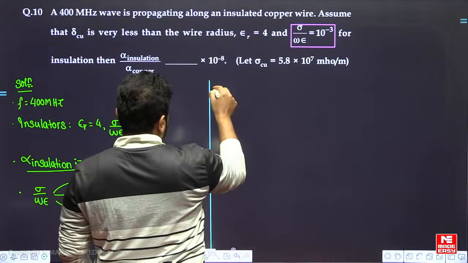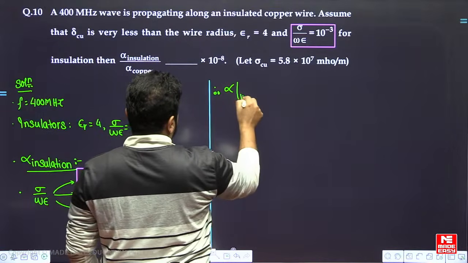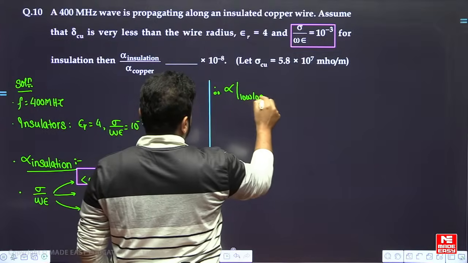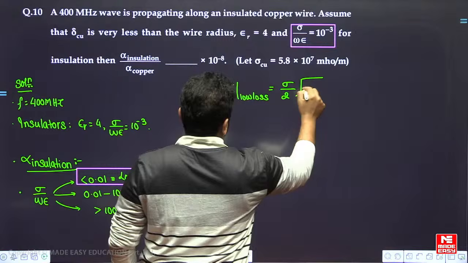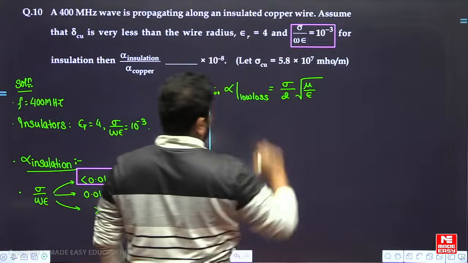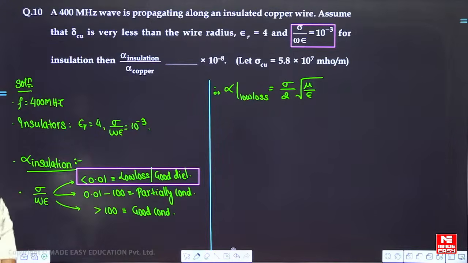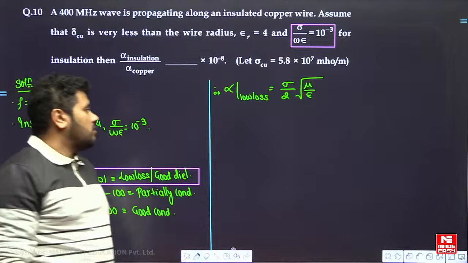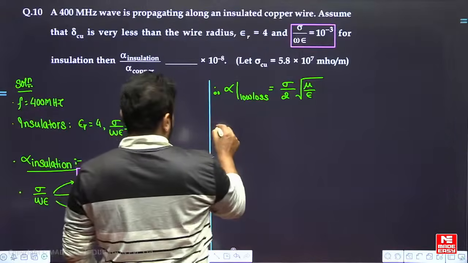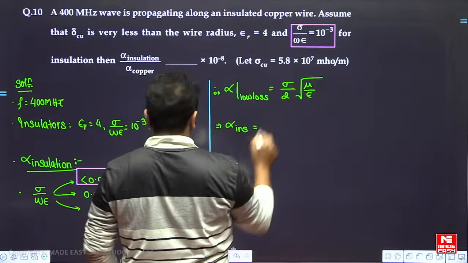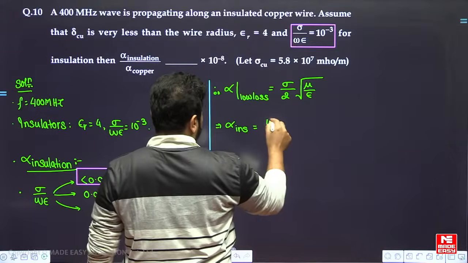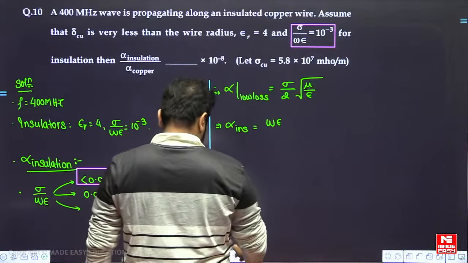So alpha for low loss, what is the formula? This is given by sigma by 2 root under mu upon epsilon. So this is your alpha of insulation, where sigma can be replaced with omega epsilon.